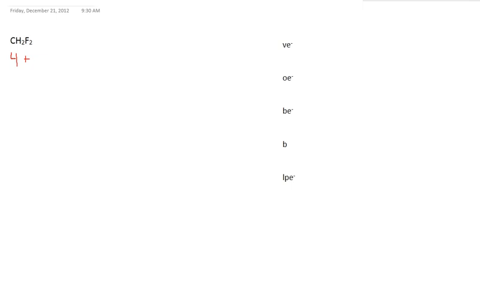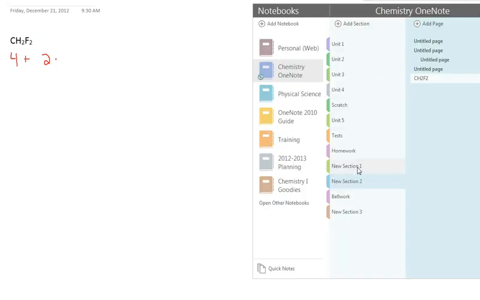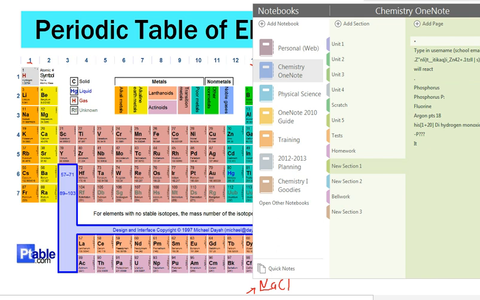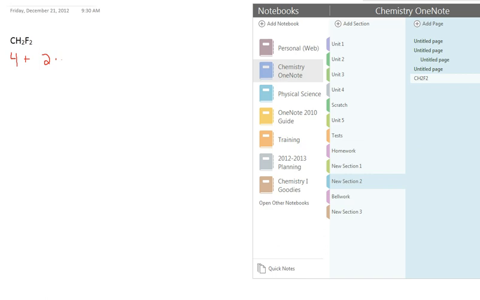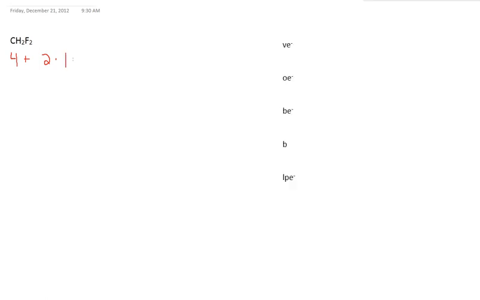And then we have another element, hydrogen. There's 2 of them, so it's going to be 2 times however many valence electrons hydrogen has. And we can see that hydrogen's in group 1, therefore there's only 1 electron in the valence shell. So 4 from carbon plus 2, because there's 2 hydrogens, times the 1 valence electron it had. And then we also have fluorine atoms.